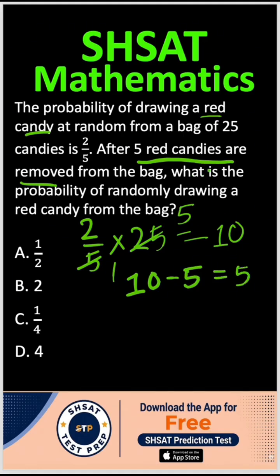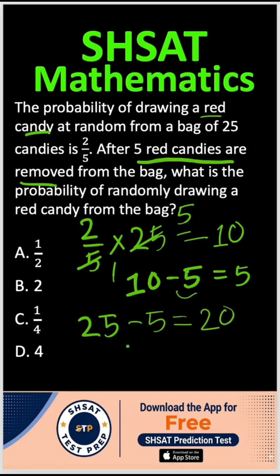Now the question asks, what is the probability of randomly drawing a red candy from the bag? So the total number of candies is 25, and we have to subtract 5 from it, as the number of candies which are already removed is 5. So 25 minus 5 gives us 20. And now we have only 5 candies left, which are red.